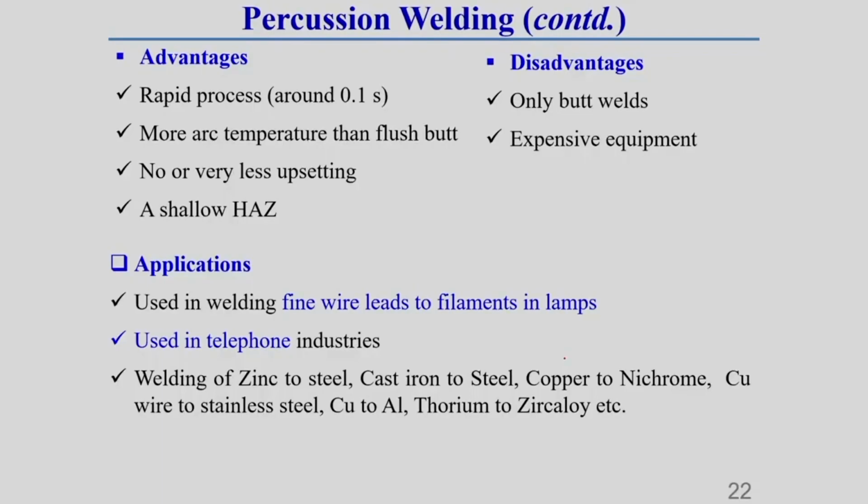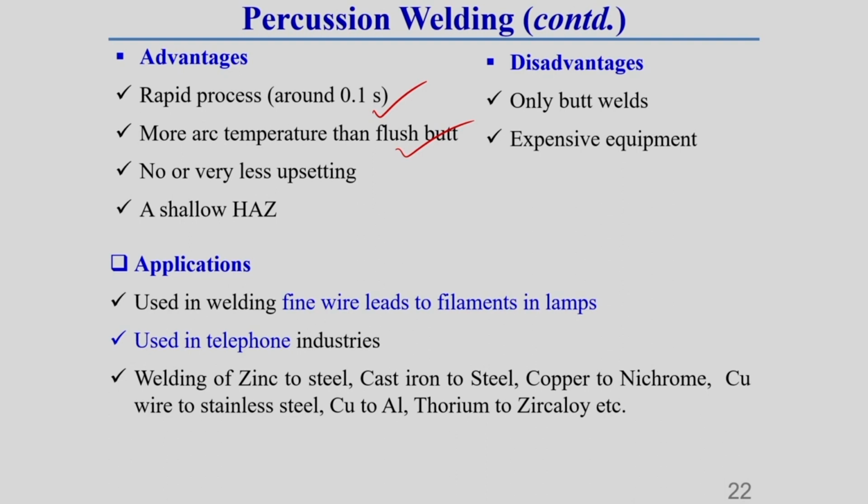Okay. Now what are the advantages, disadvantages and applications of this welding process, that I am showing here. It is a very rapid welding process. Here time is required only around 0.1 second. The arc temperature is higher than in the flash butt welding process, because here the energy is released from a capacitor which stores the energy.